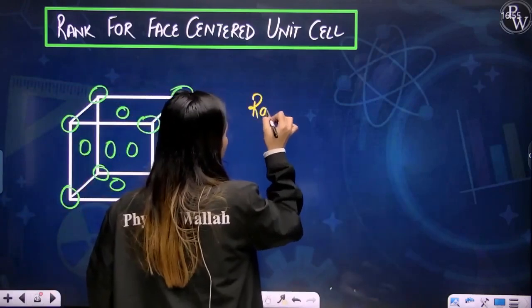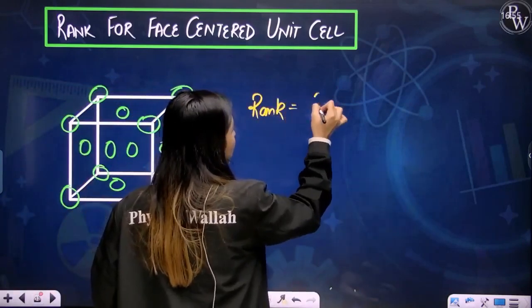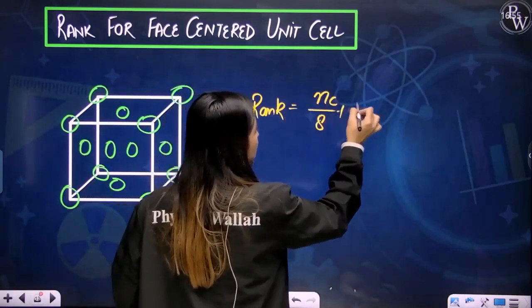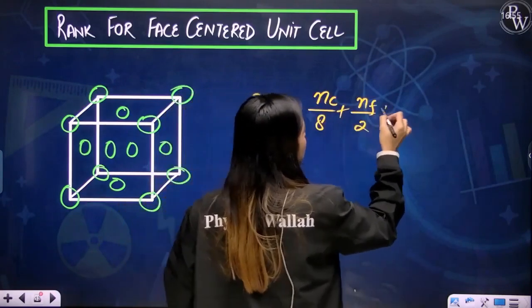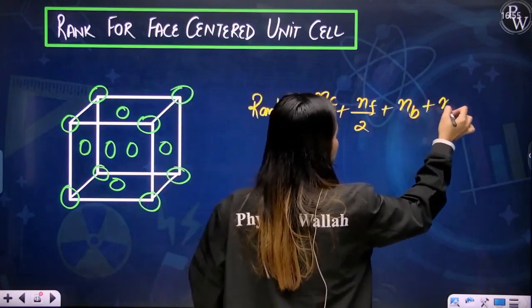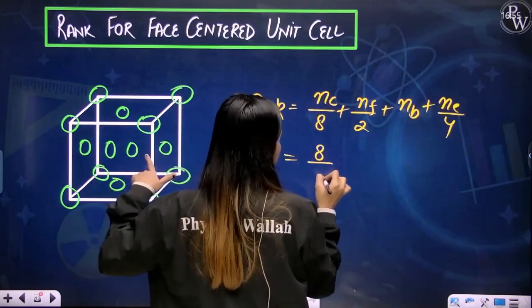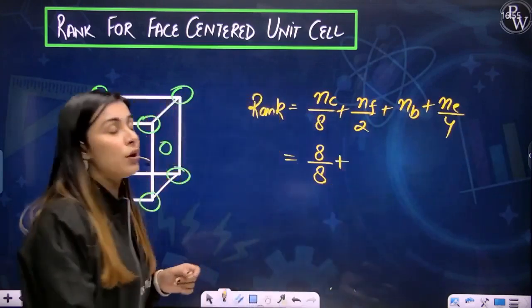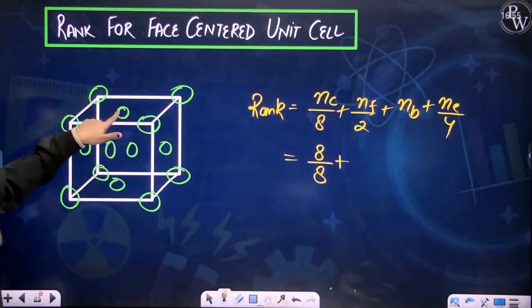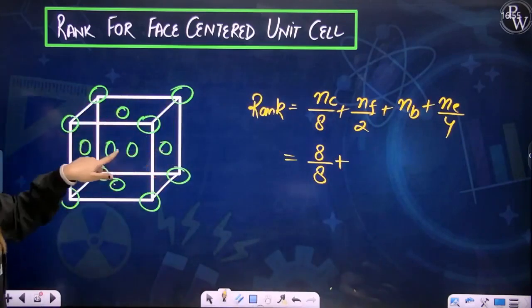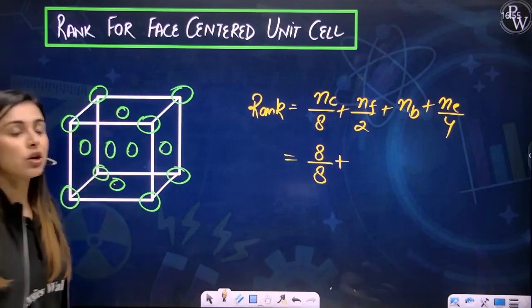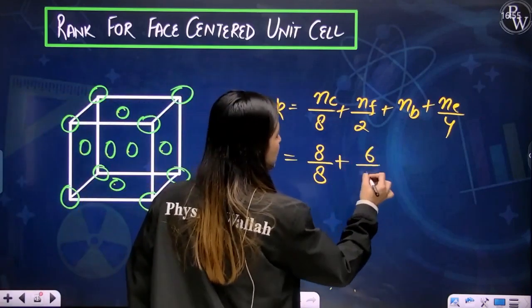For rank, again, my dear students, you have NC by 8 plus NF by 2 plus NB plus NE by 4. Number of atoms at corners are 8, so 8 by 8, plus number of face center atoms 1, 2, 3, 4, 5 and 6. So total 6 are present, so 6 by 2.